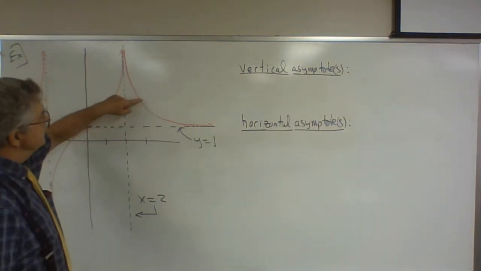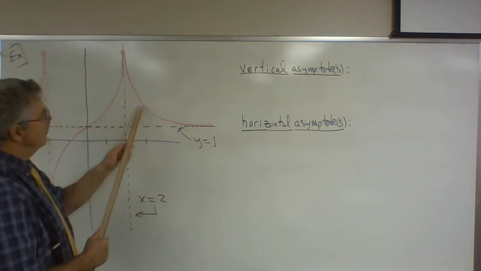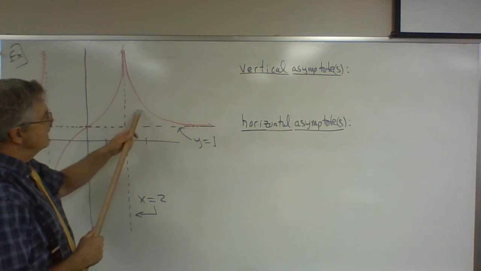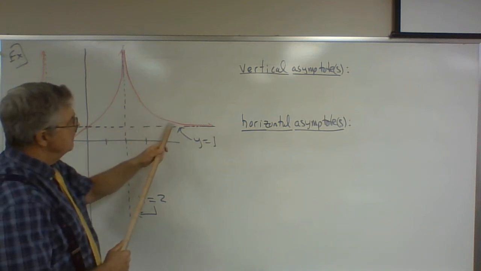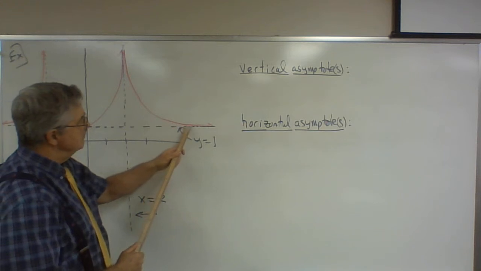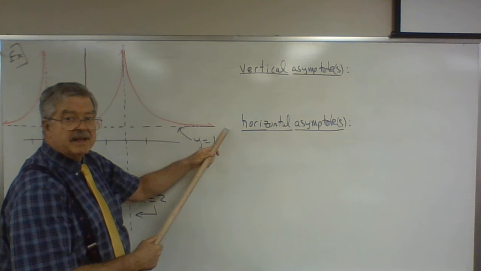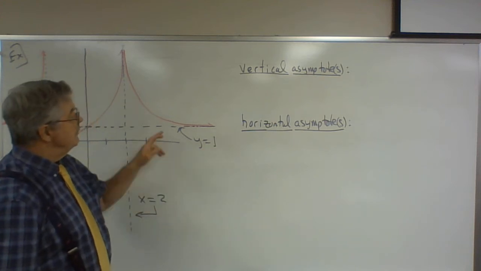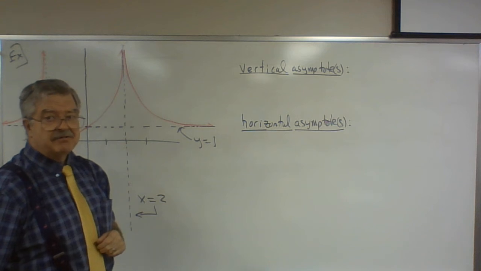If I start on the graph right here at this point, or any point around here, and I move in this direction along the graph, it gets closer and closer and closer to the line y equal 1. So that makes y equal 1 a horizontal asymptote.